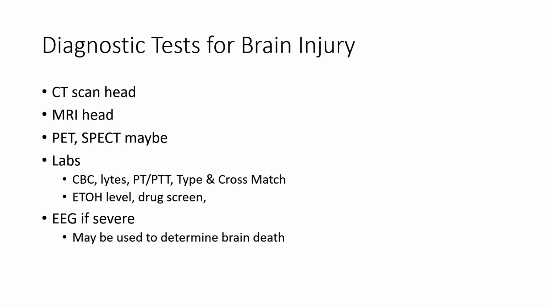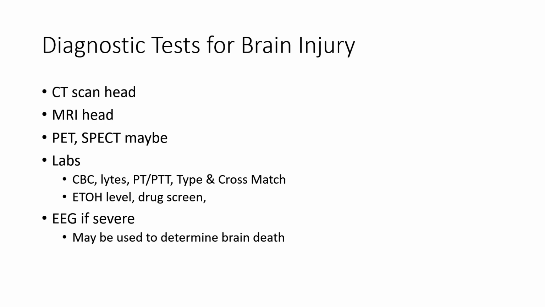The diagnostic tests for a brain injury are, of course, at the top of the list, and number 1, a CT scan of the head. They may go on in the non-acute period to have an MRI, SPECT, and PET scans. They're going to have the same blood tests, CBC, electrolytes, coagulations. They may need to be typed and cross-matched if they've lost a lot of blood.